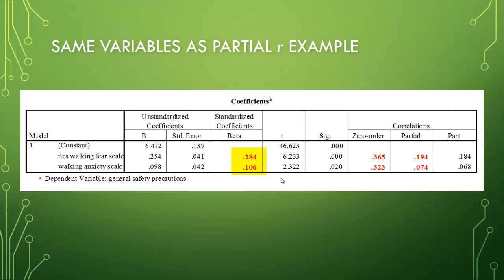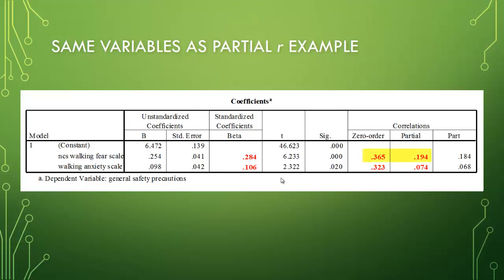And if we look to the right, we see the standardized coefficient for betas. They're both positive, indicating a positive relationship with the dependent variable. As fear increases, the number of safety precautions taken increases. As general anxiety increases, so does the number of safety precautions. This is what we saw in the partial correlation. And if we go further to the right in the table, we can see the zero order correlations and the partial correlations from the previous example.